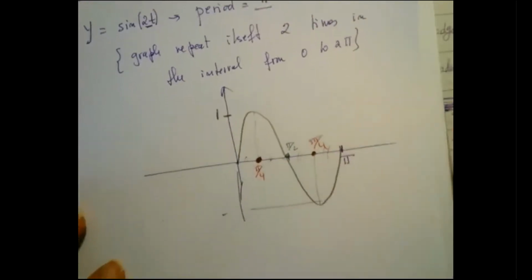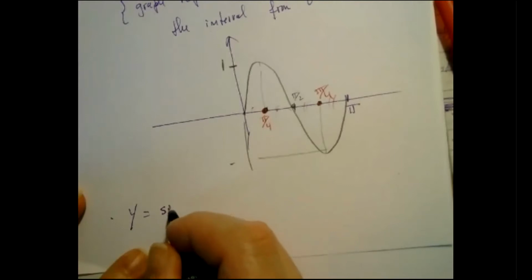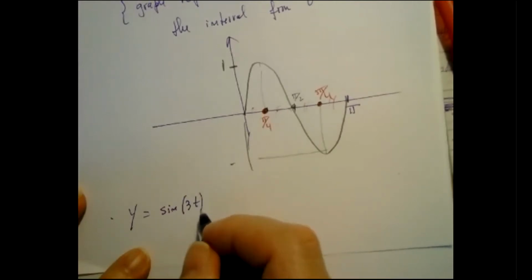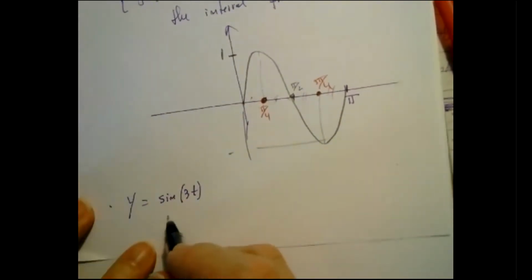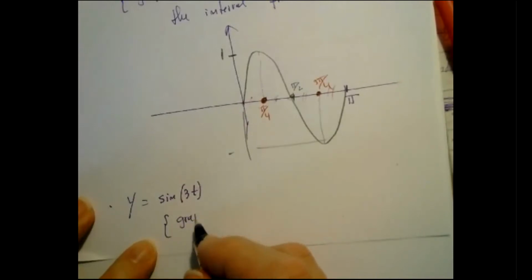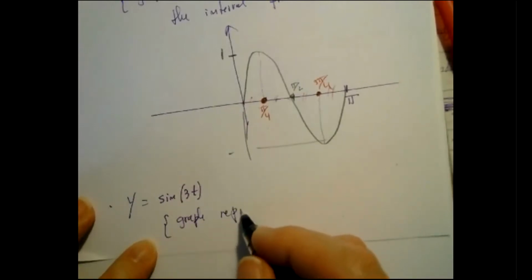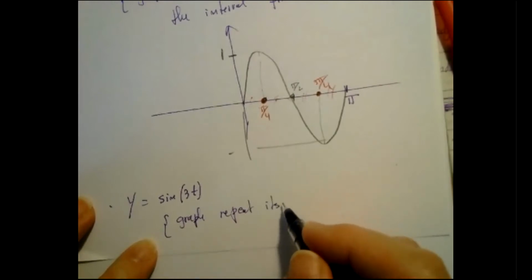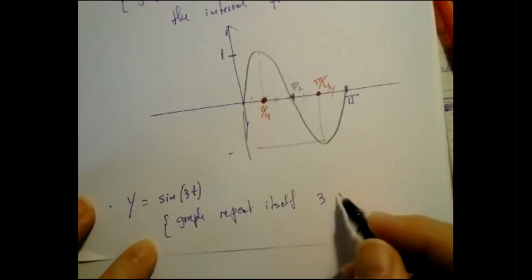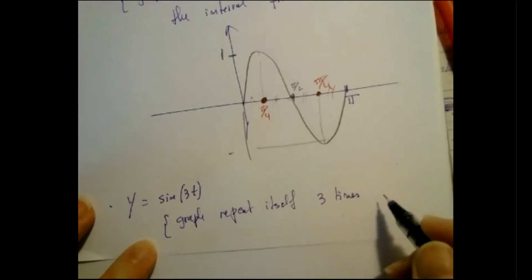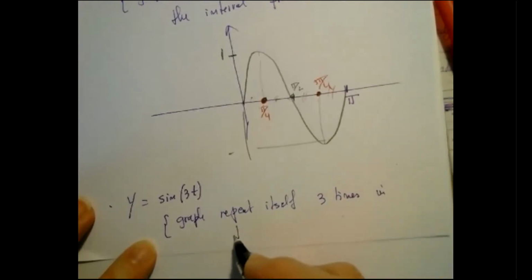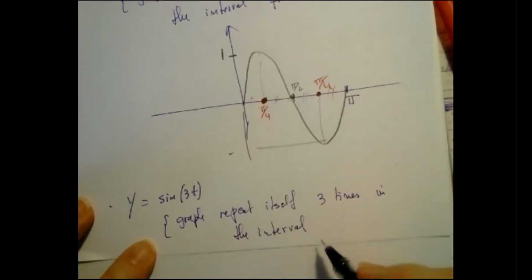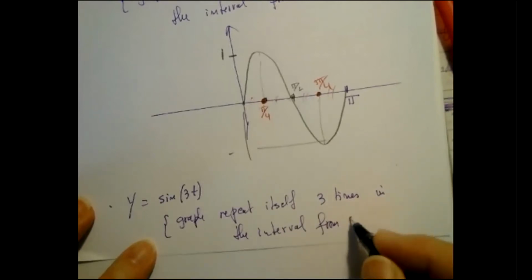Okay. Now, if I take y equals sine 2t, when I took y equals sine 3t, what happened here is that the graph repeats itself 3 times in the interval from 0 to 2 pi.